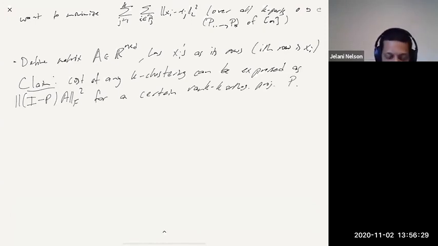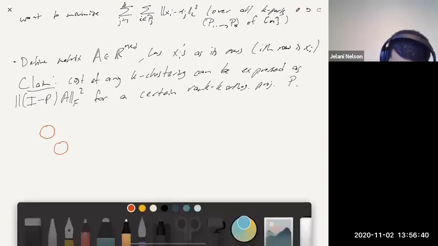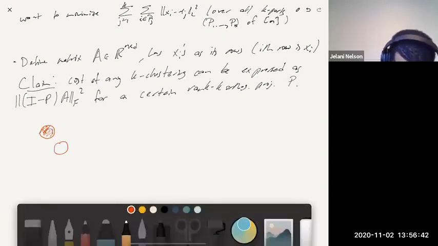Let me just give you an example. So let's say we have 4 points and we're trying to cluster into 3 clusters. So here I have these 4 points, and then I have another point somewhere here, and then I have another point. Let's label them. This is x1, x4, x2, and x3.